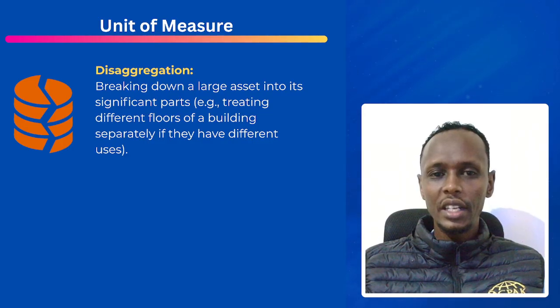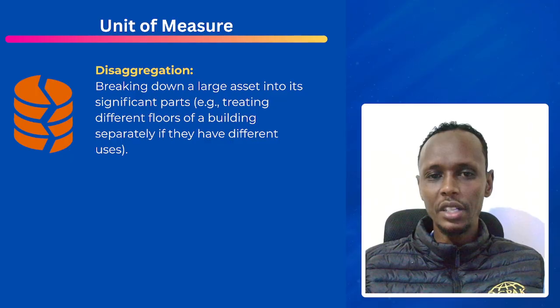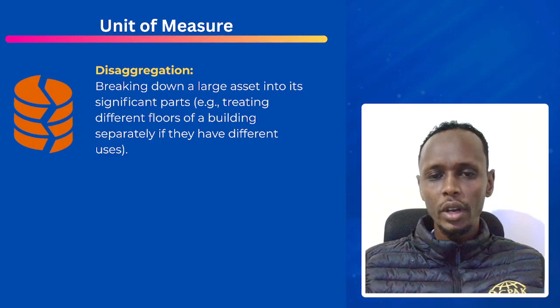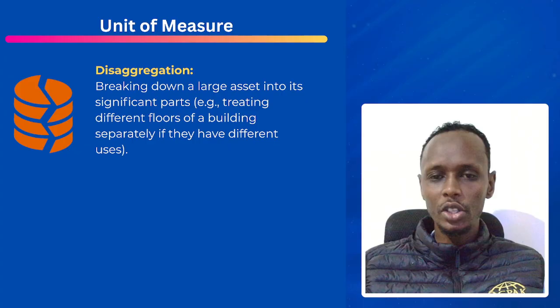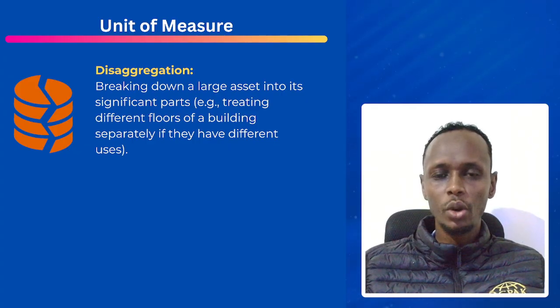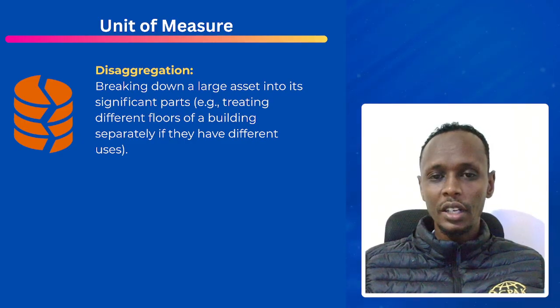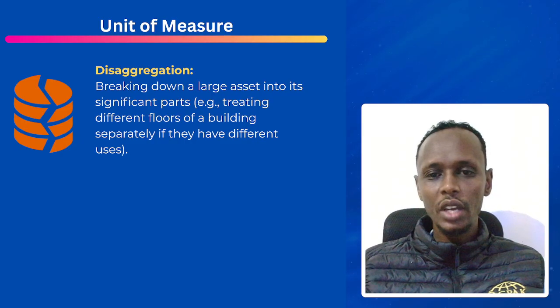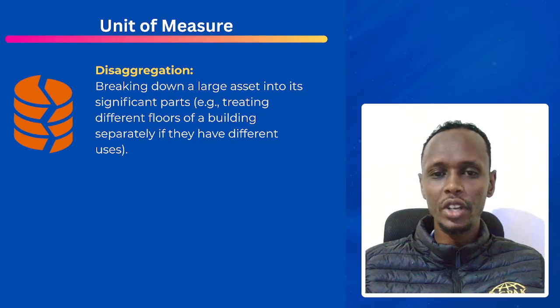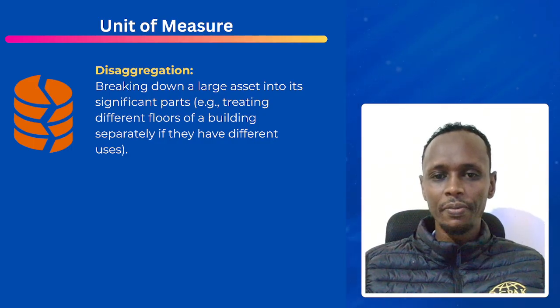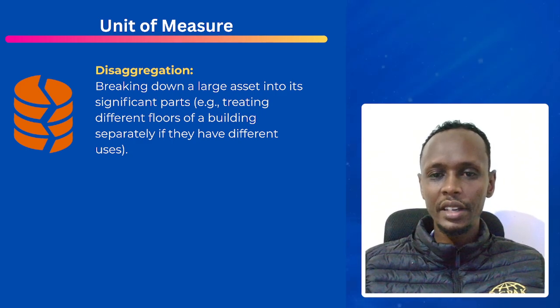So breaking down a large asset into significant parts, e.g. treating differently floors of a building. For example, one floor may be used for administration, the other floor may be used for commercial purposes. So this IPSAS guides you, if the useful life of those assets, for example, the roofing has a shorter lifespan than the main building, then you disaggregate.